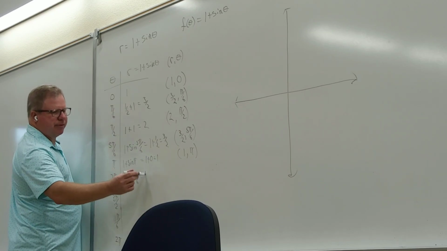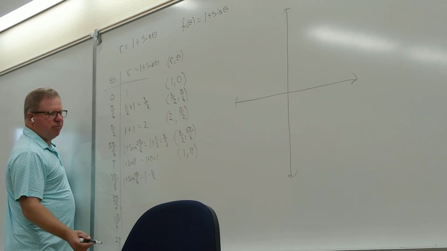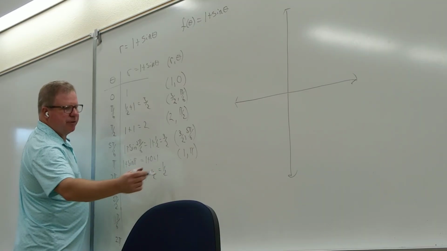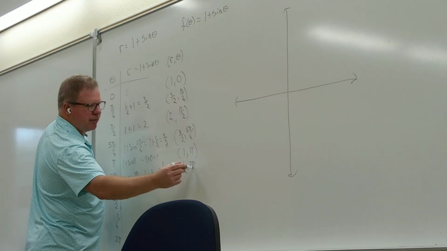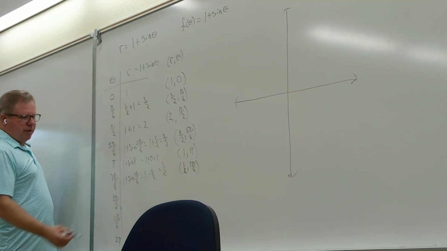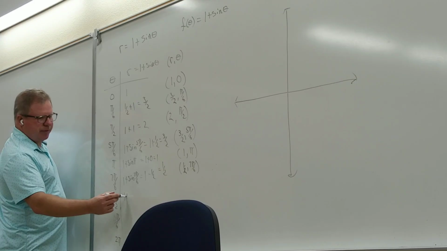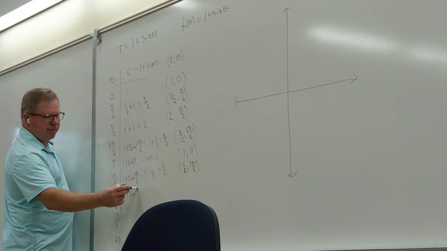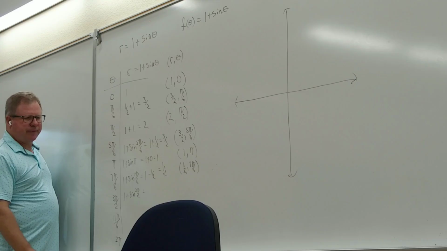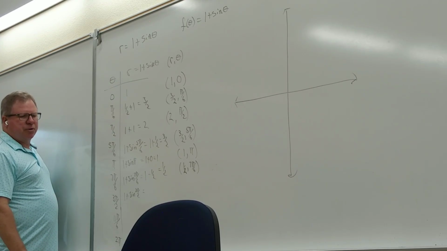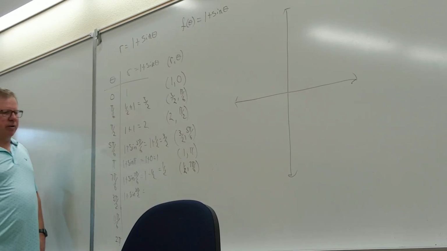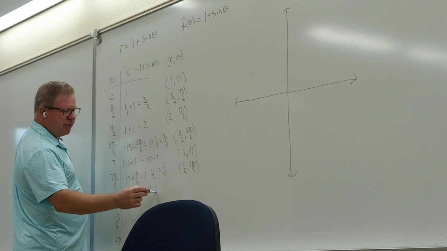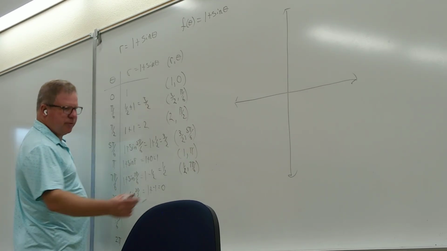Negative a half. 1 minus a half is a half. Three pi over 2. Sine of 3 pi over 2? Negative 1. 1 plus negative 1 is 0.